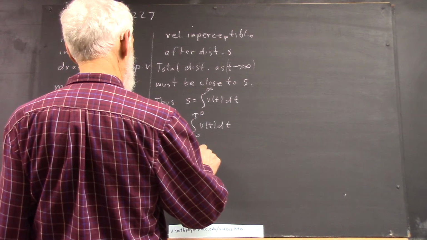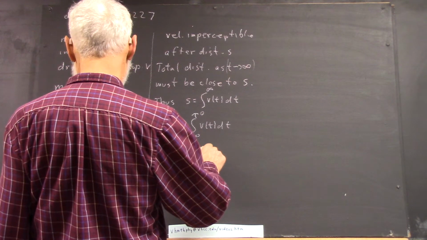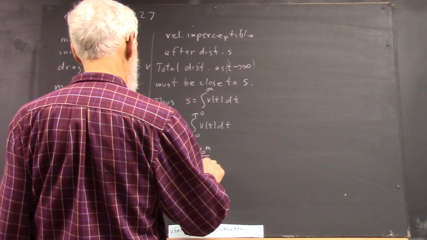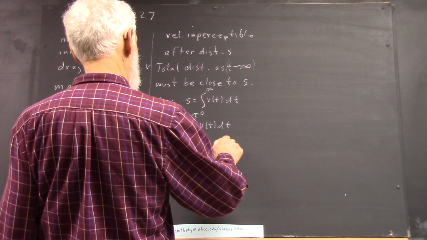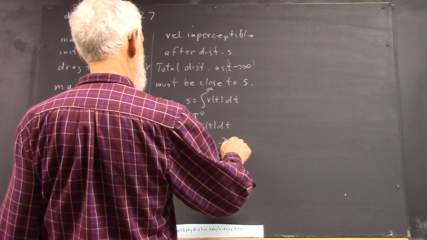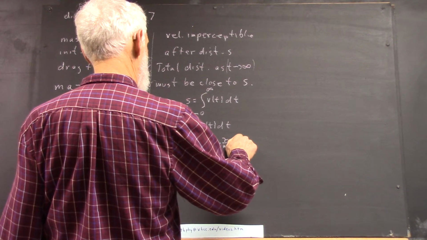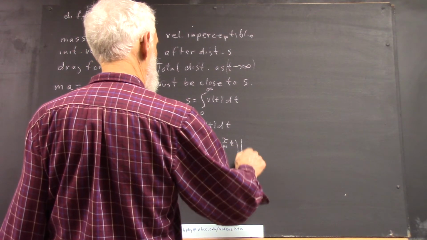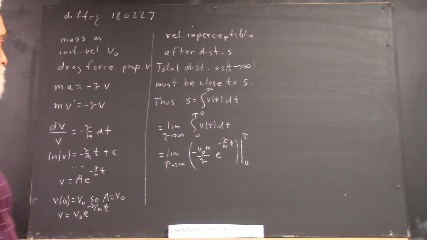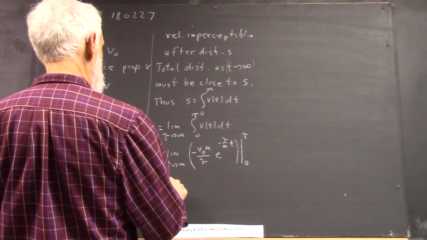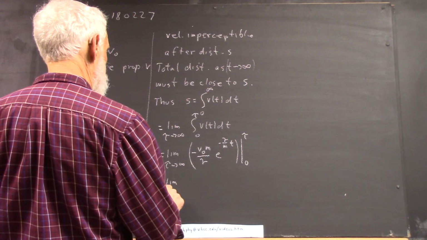That's going to be negative v naught m over gamma e to the negative gamma over m t, evaluated from 0 to tau.